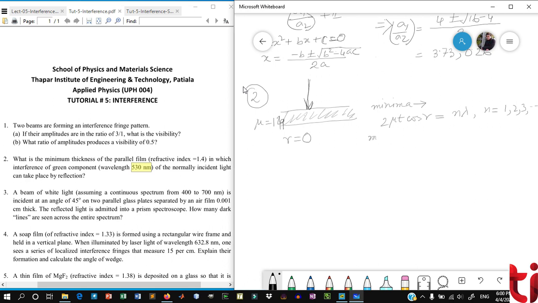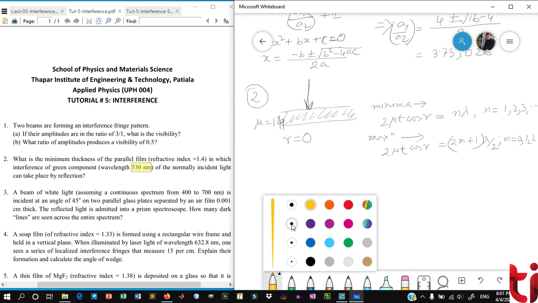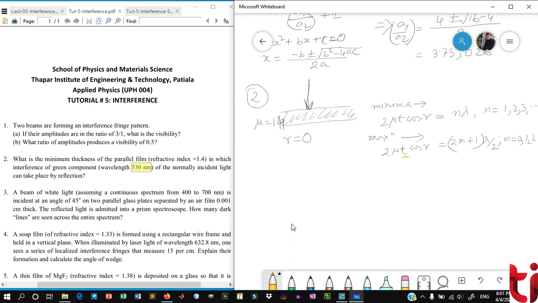And for maxima, 2 mu t cos r is equal to (2m plus 1) lambda by 2. Here m is equal to 0, 1, 2, and so forth. Now this t is the thickness of this thin film.